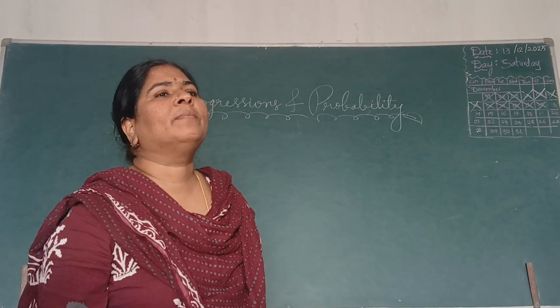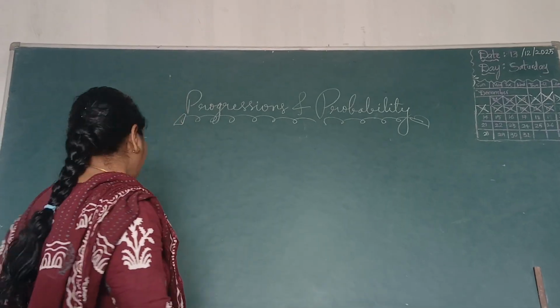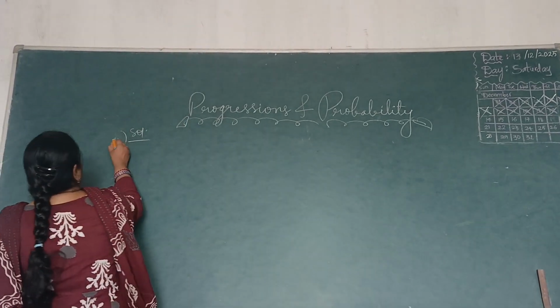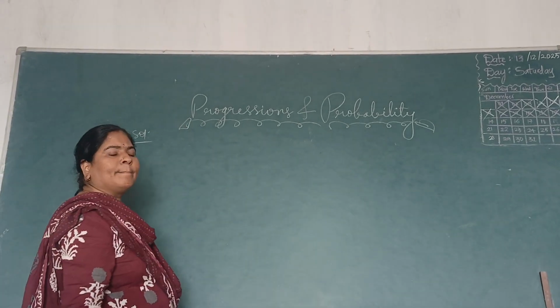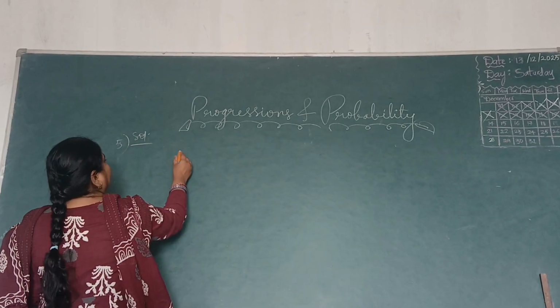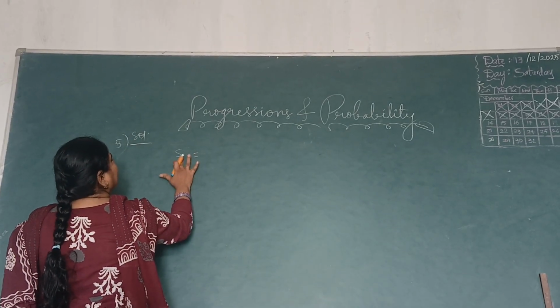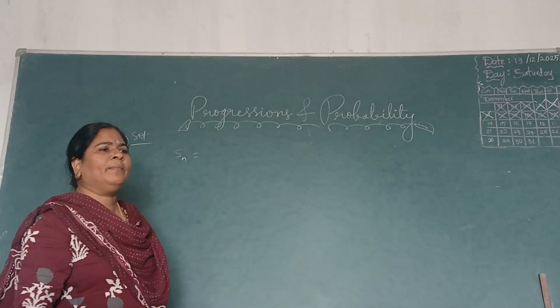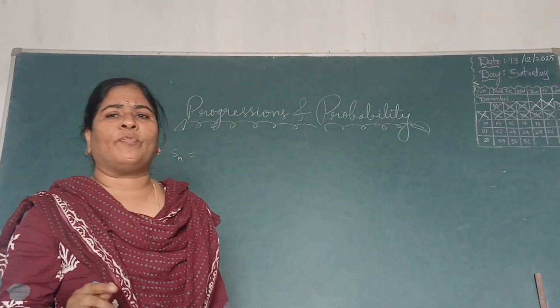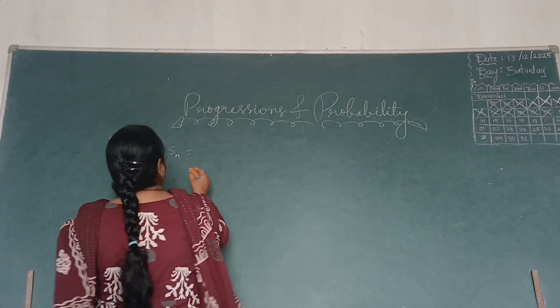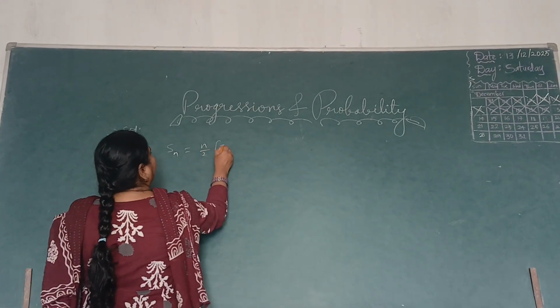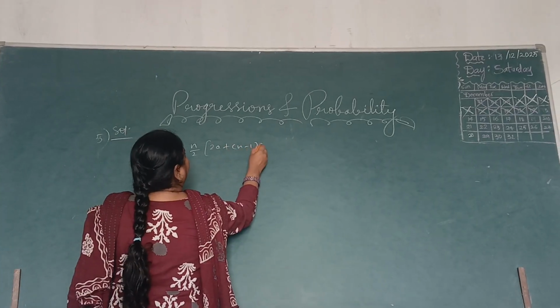Now 5th question. Spurti, write the formula for the sum of n terms of an arithmetic progression and explain each term in it. Yes sir. That is sum of n terms of an AP. We have two formulas. That is Sn is equal to n by 2 of 2a plus n minus 1 into d.